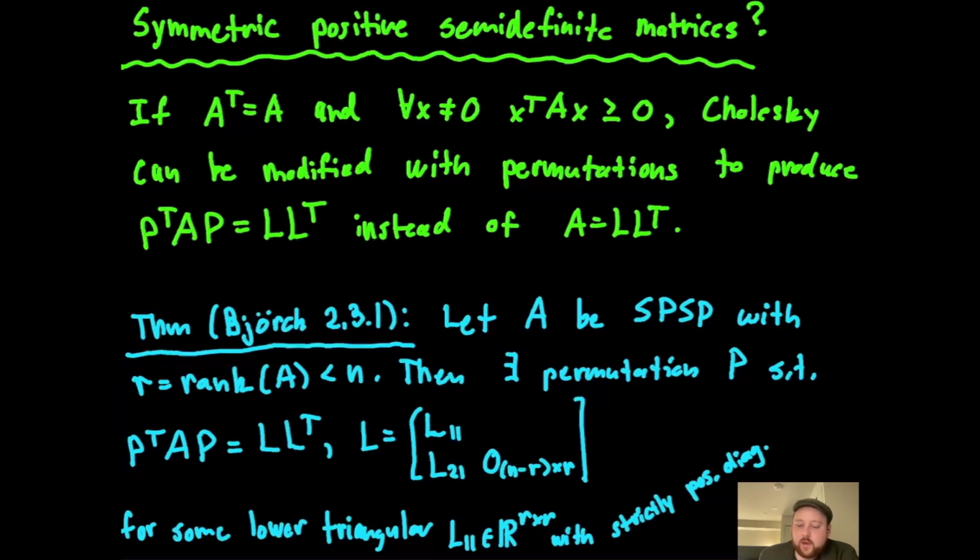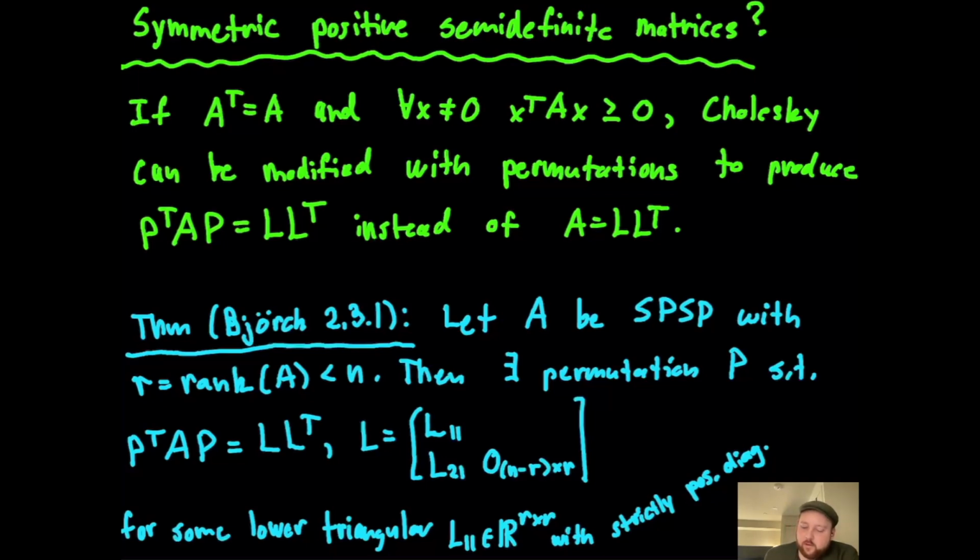If you just take a symmetric positive semi-definite matrix A and apply the Cholesky algorithm to it, it will fail at some point, unless it was a very special matrix. So in general, it will fail for these matrices. And so we want to know, is there a way to somehow modify the algorithm slightly so that we don't fail, but we get something that's of a very similar form?